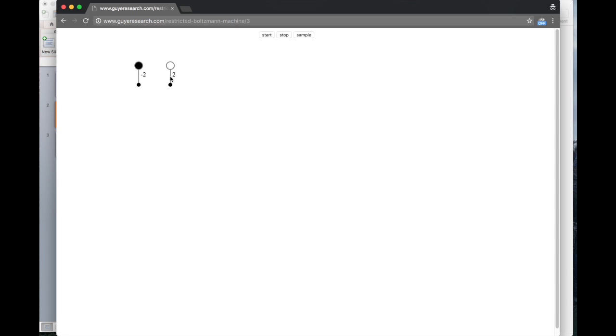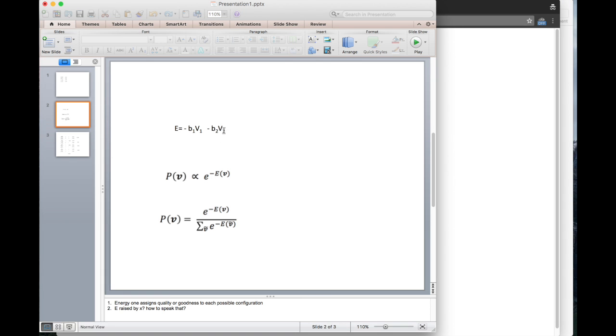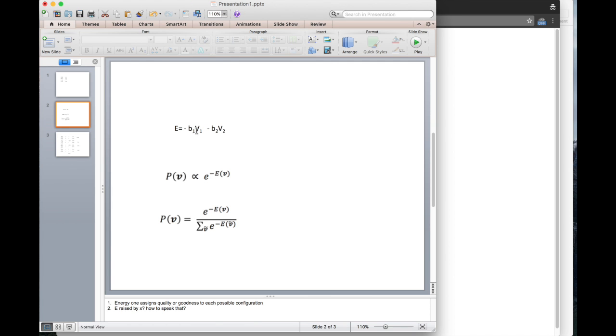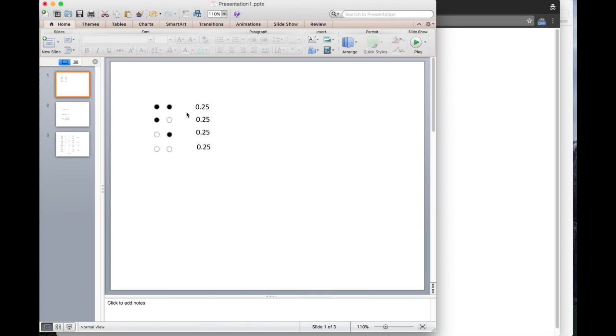Because when the second neuron is on, this term will be large and the minus of this term will be small, so the energy will be small. And when the first neuron is on, this term will be negative and small, and the minus of it will be large, so the energy function will be large. So we want it to be 0, and we would expect to see more of this configuration.